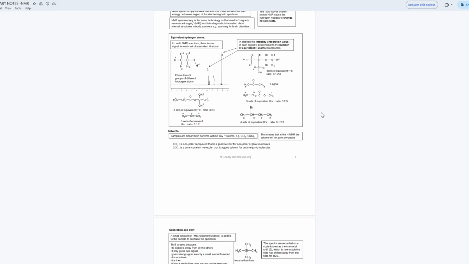Equivalent hydrogen atoms. In a hydrogen NMR spectrum, there is one signal for each set of equivalent hydrogen atoms. Ethanol has 3 groups of different hydrogen atoms. So we can see there that all of the A hydrogens are the same, all the B hydrogens are the same, and obviously there's only one C hydrogen, so it must be unique.